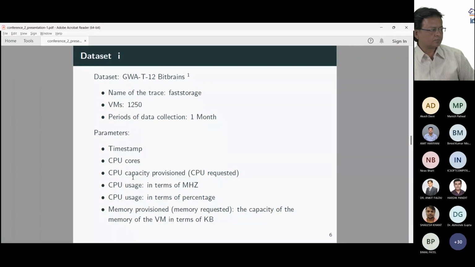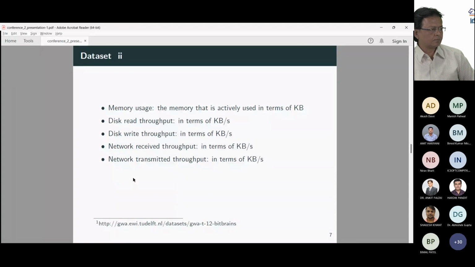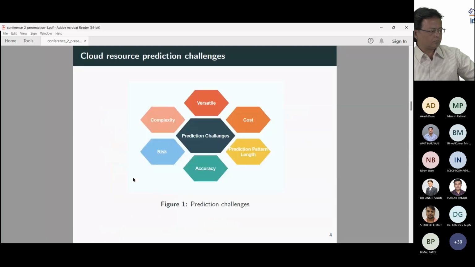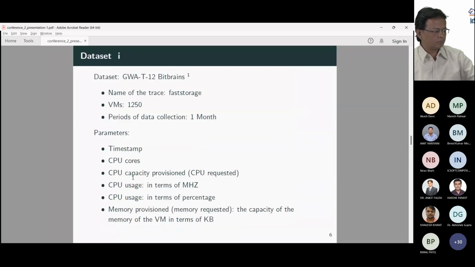It also covers memory utilization, disk read and write throughput, and network receive and transmission throughput. Here we have considered CPU utilization and memory utilization for prediction.